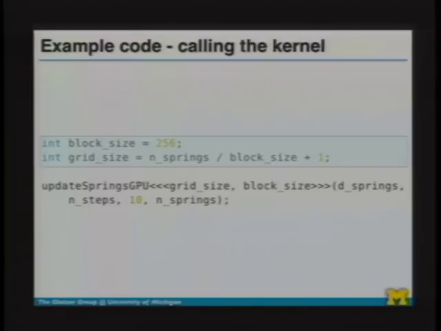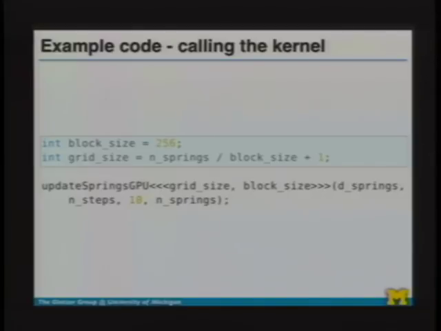So you choose a block size, and then the grid size is the number of blocks. I'm being very lazy here, and I'm just taking the number of springs and dividing by the block size, but the division might round down, so I just add 1. You can be more picky about that if you want, but this is the lazy way of doing it.